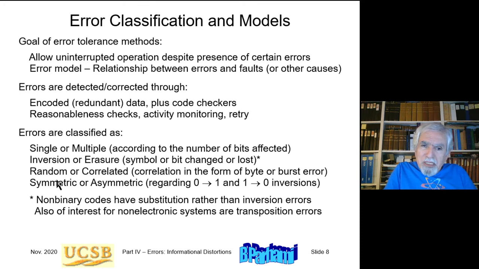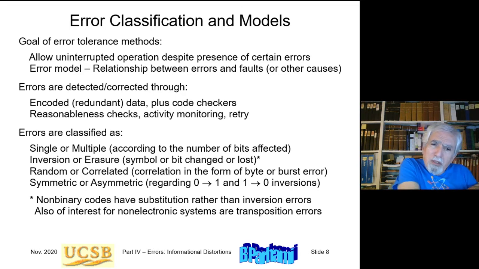Okay, errors can be single or multiple according to the number of bits affected, single bit or multiple bits. Of course, multiple errors can be double errors, triple errors, quadruple errors, and so on. It can be of type inversion or erasure. Inversion means a 1 being changed to 0 or 0 being changed to 1. That's an inversion error. Erasure error is when a 0 or a 1 basically disappears.